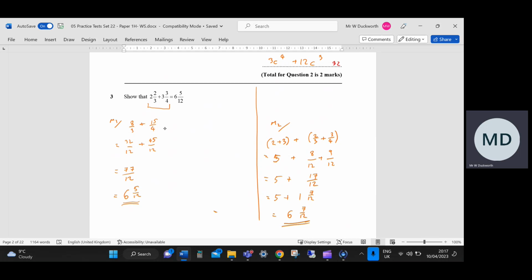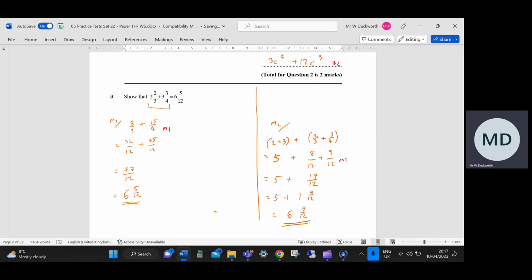Okay, so the first one is awarding a method mark for converting into improper fractions. And if you've used the second method, you would pick up the method mark here.